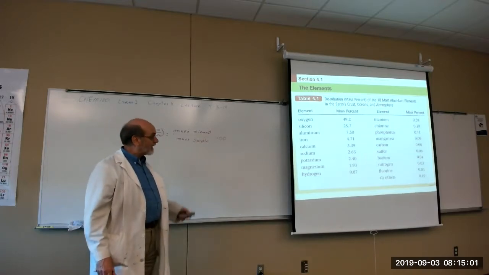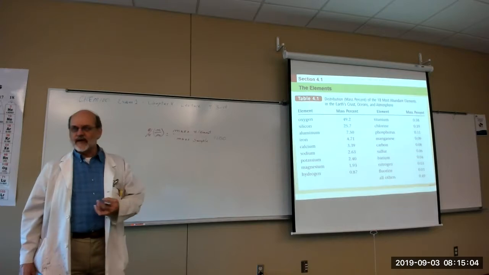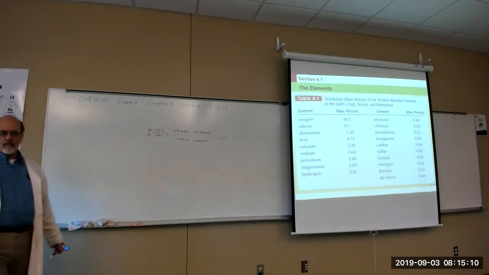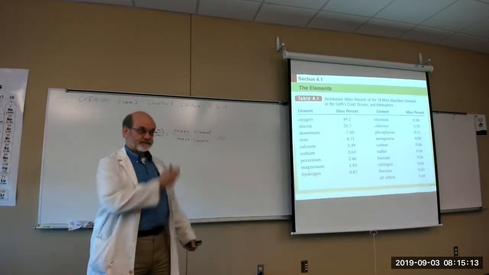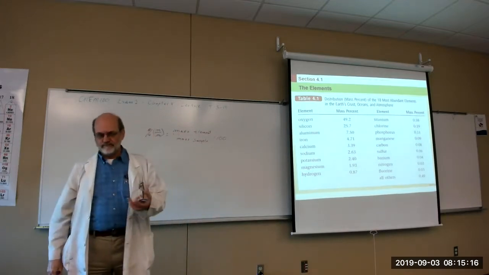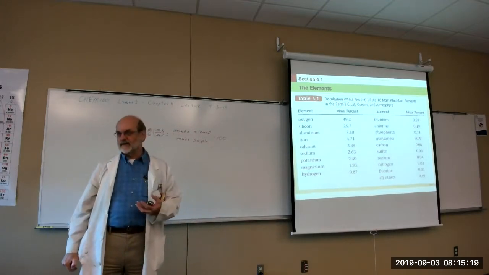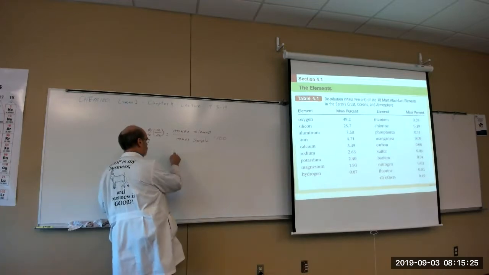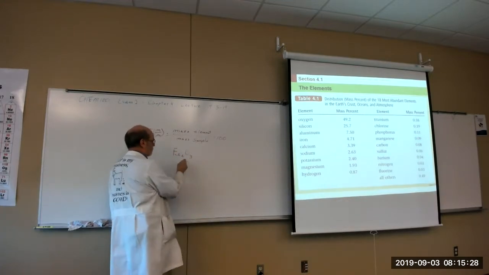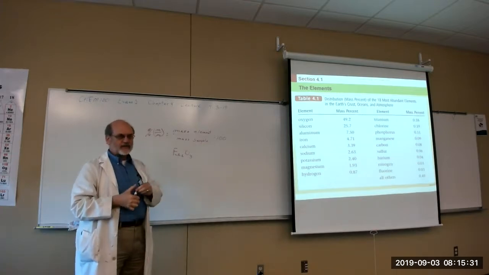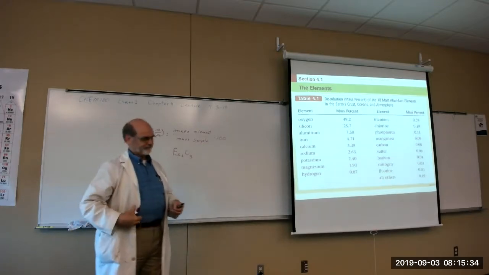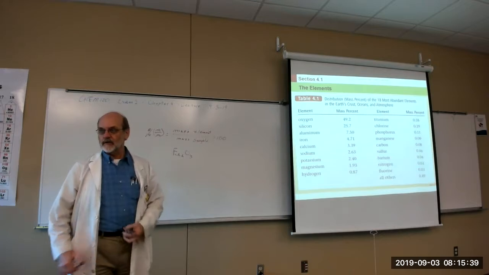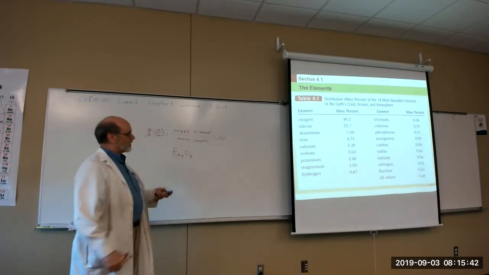What you may not know is in the Earth's crust, most of the elements, at least the metallic elements, are combined with oxygen in the crust. So when we want to produce iron to make steel, we've got to separate the iron from the oxygen, because it's primarily 3 oxygens and 2 irons. So there's lots of oxygen everywhere. Sometimes it's free in the atmosphere. Sometimes it's combined in the oceans or in the Earth's crust. Silicon is number 2.